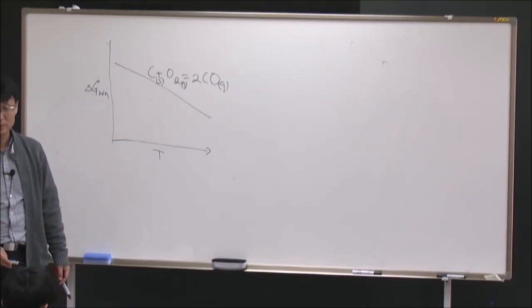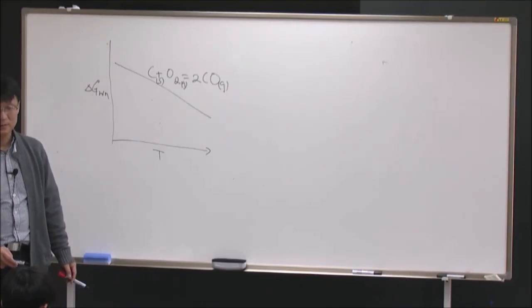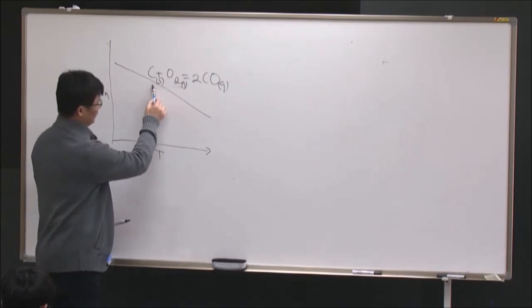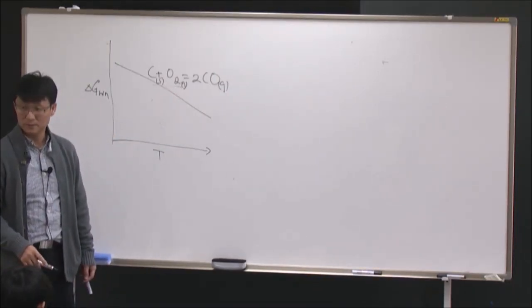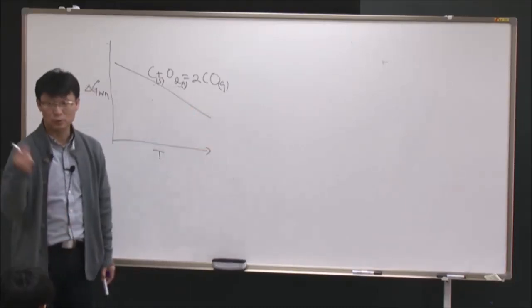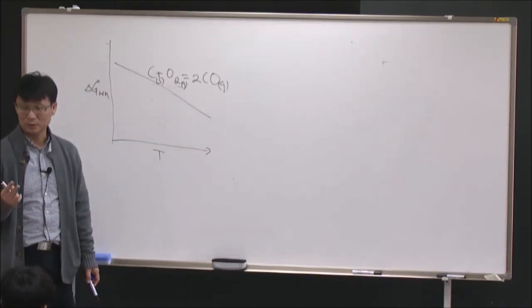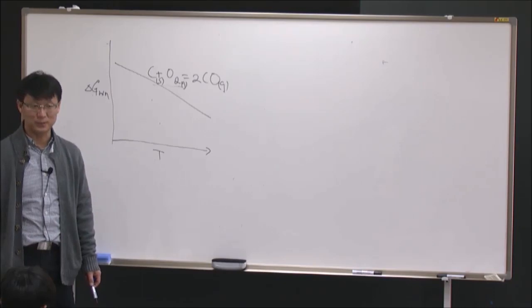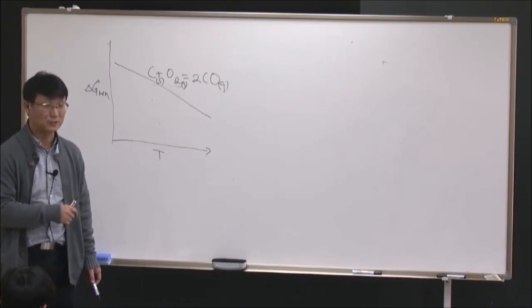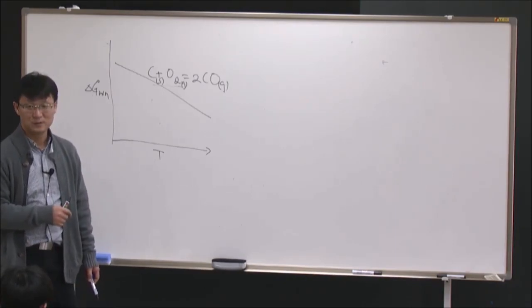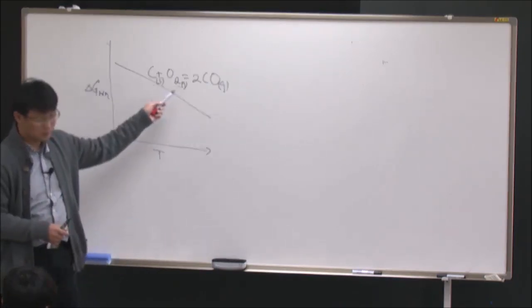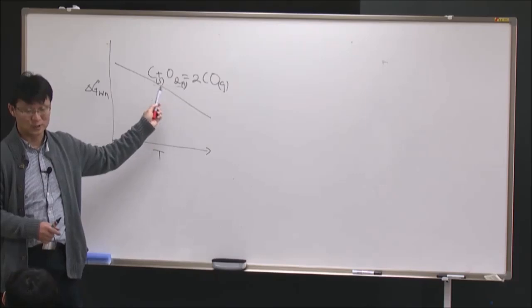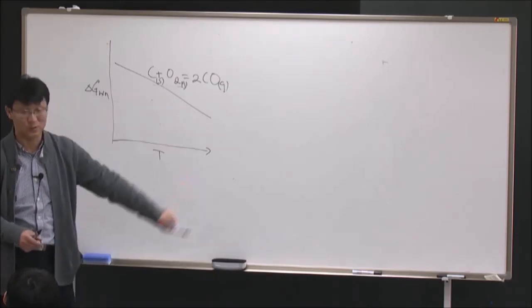This should be negative, because the reactant side has only 1 mole of gas phase and the product side has 2 moles of gas phase. So the entropy of the product is bigger than the entropy of the reactant in this case. Is it okay? So it has a negative slope.